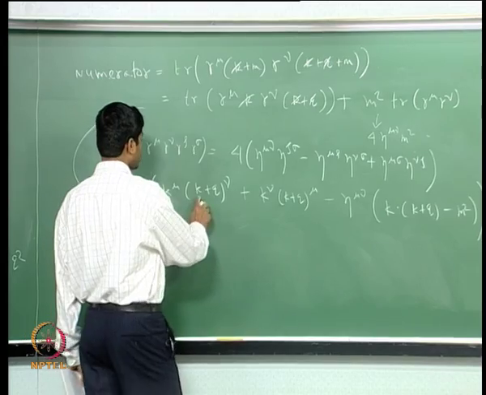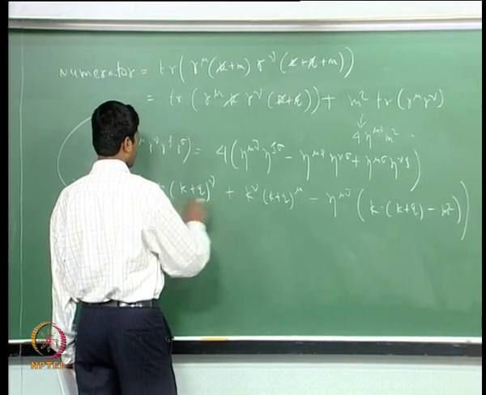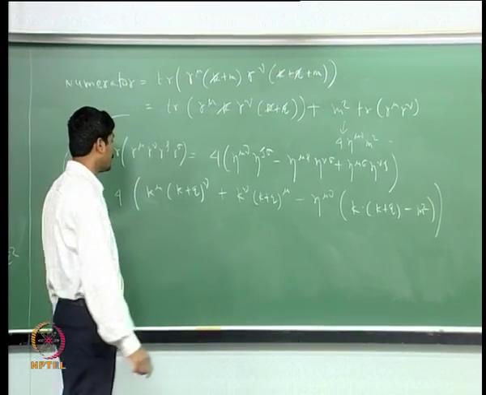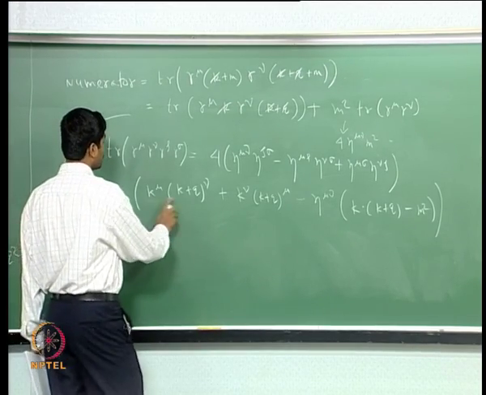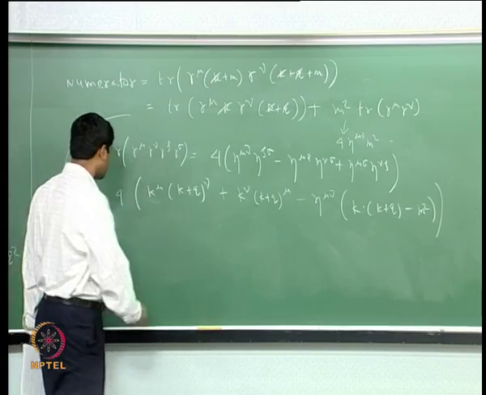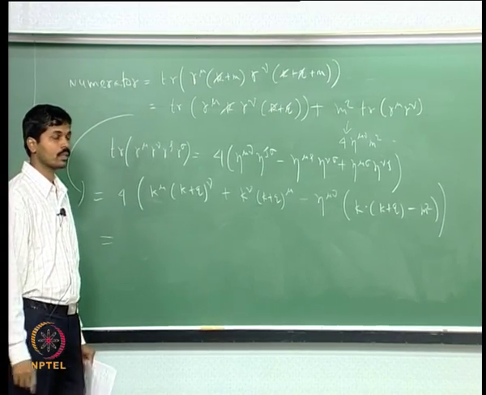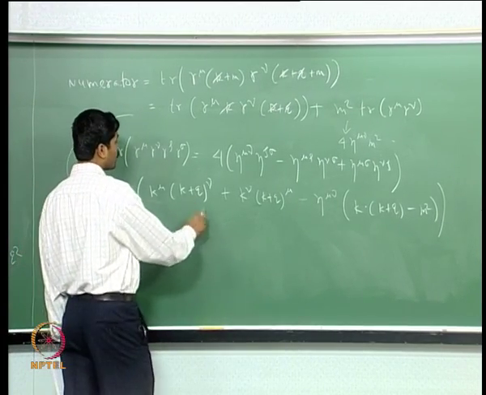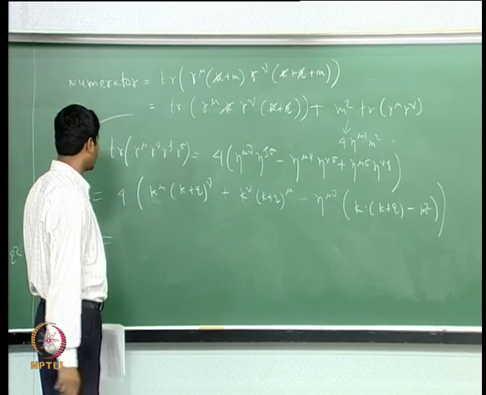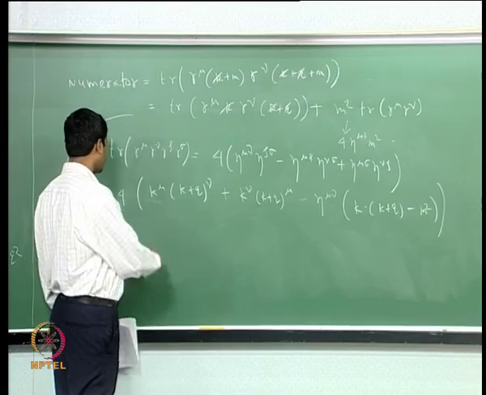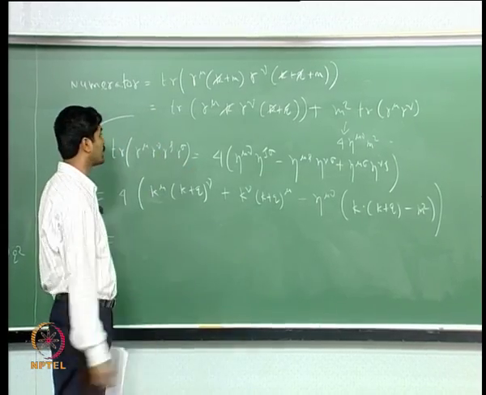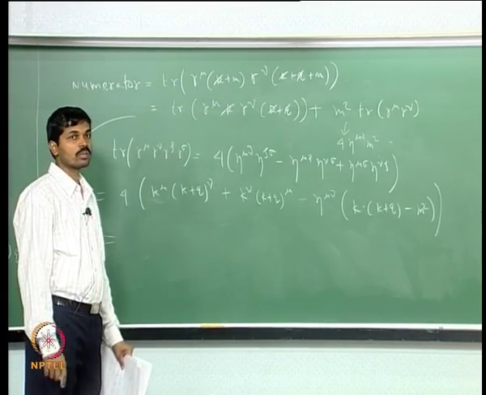So, I will write it using the variable L, and I will keep only terms which contain even powers of L. If I have a term which is linear in L mu, then that will give a 0 contribution when I integrate it over all values of L.